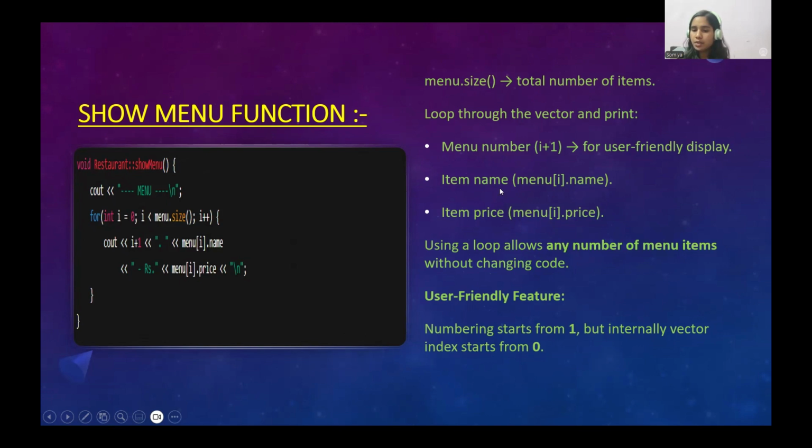So it will be printing each item name along with the item price. Using the loop allows any number of menu items without changing the code. It also has a user-friendly feature: numbering starts from 1, but internally the vector index starts from 0.